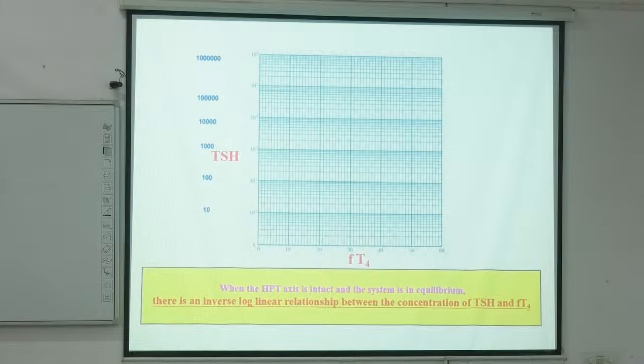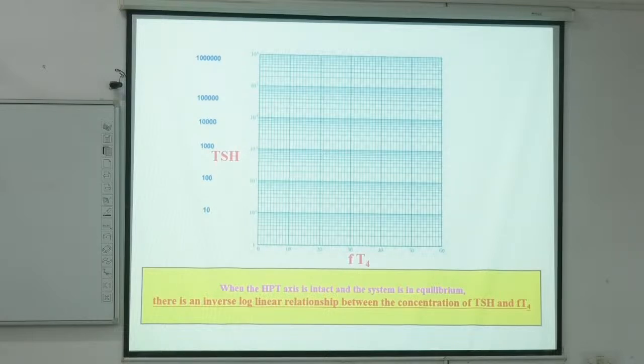One thing is not known by many, and you must know this: the relationship between FT4, which is the controller of TSH secretion, and the TSH. Remember, you have worked on only linear graph paper, that is 10, 20, 30, 40, 50, and again on this side 10, 20, 30, 40.